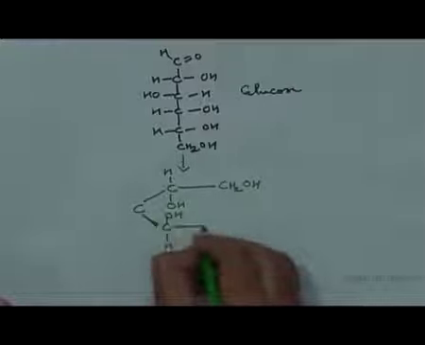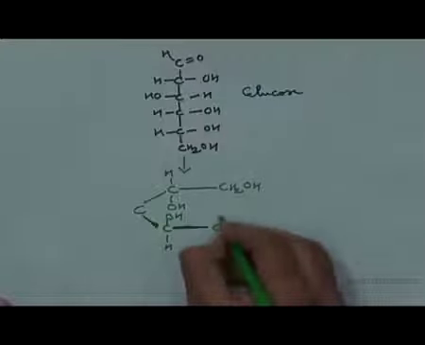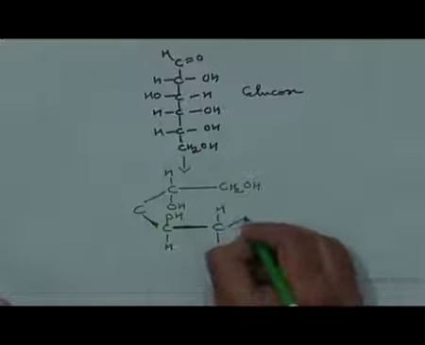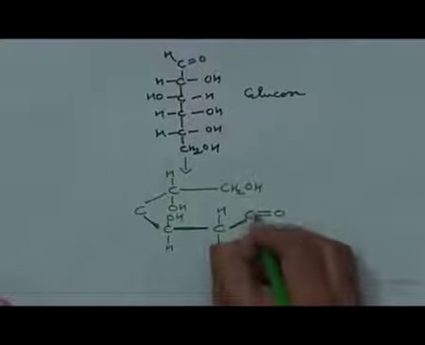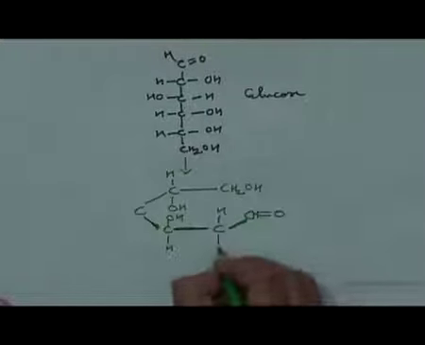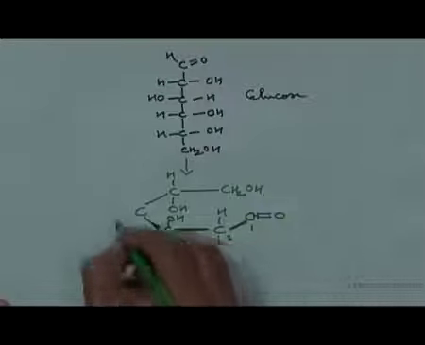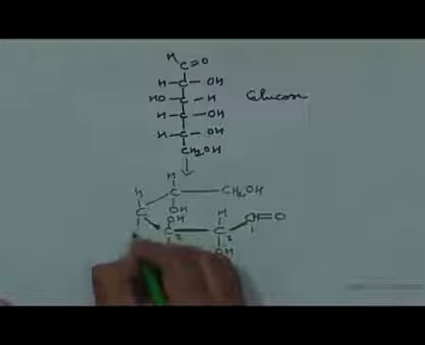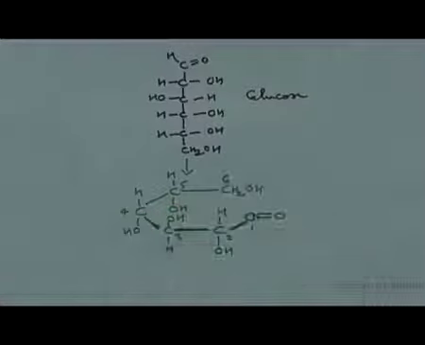So this is the carbon which is attached with the aldehyde, carbon number 1, carbon number 2, carbon number 3, carbon number 4, 5 and 6.